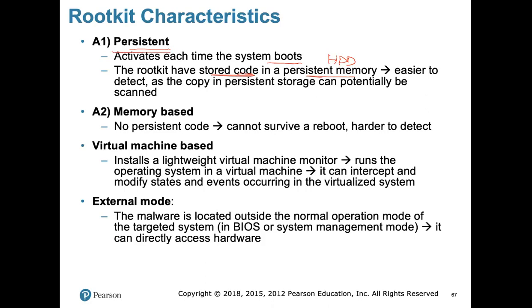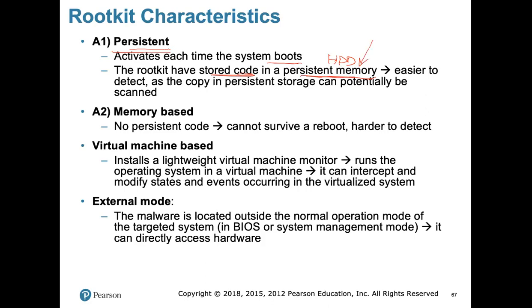You just need to try to boot in a different way, and then scan your non-volatile memory, for example, your hard disk. The way you can do this is, instead of booting from your normal root, for example from your hard disk, you insert a bootable CD or bootable flash, and you boot from that.